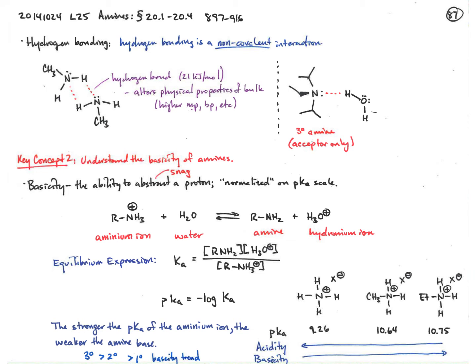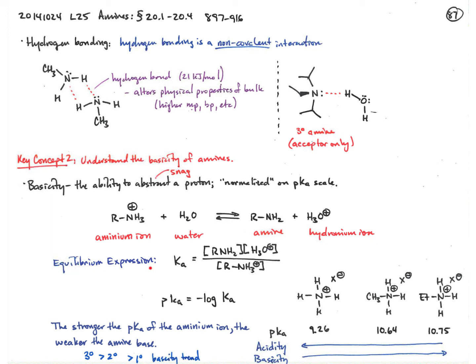So let's consider an aminium ion, that's a protonated nitrogen. In the presence of water, we're going to do an acid-base reaction. So here's your acid, water's the base, it's abstracting this proton, we get the amine, and then the hydronium ion.